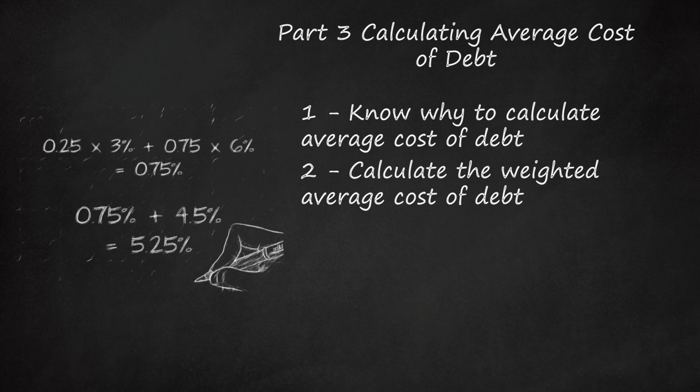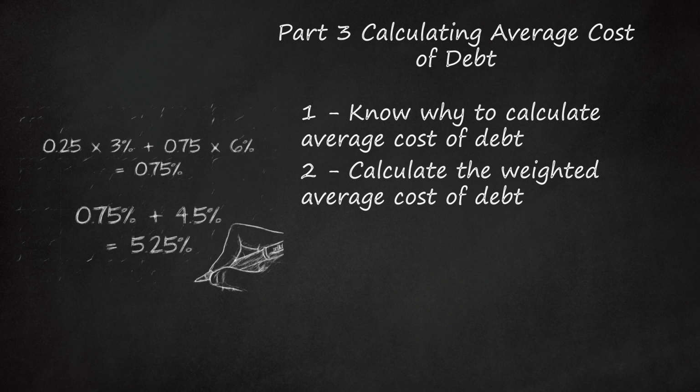For example, imagine your company had a total debt of $100,000. This was divided into a $25,000 loan and $75,000 worth of bonds with 3% and 6% after-tax costs of debt, respectively.